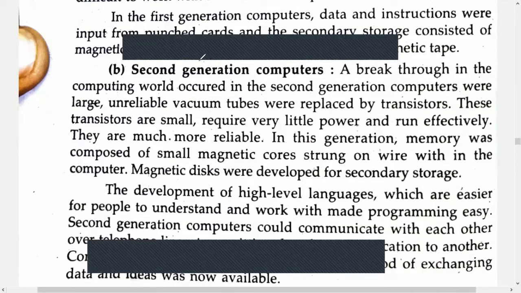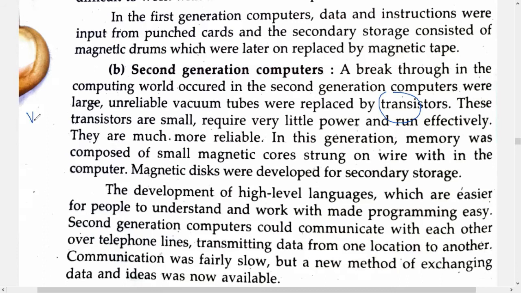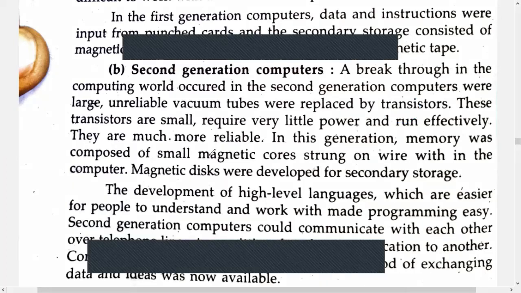In the second generation of computers, a breakthrough in the computing world occurred. The first generation computers were large and unreliable. Vacuum tubes were replaced by transistors. First one is vacuum tubes, and the next one is transistors. These transistors are small, require very little power, and run effectively.